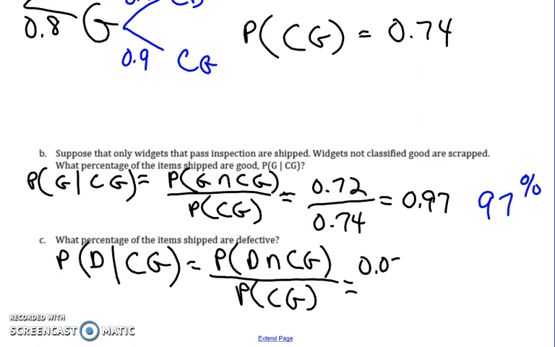So that's 0.02 over 0.74, which gives us 0.03, which is 3%. You can also look at it if the classified as good was 97%, then the items shipped that are defective, subtract that from 100, which will still give you your 3%.